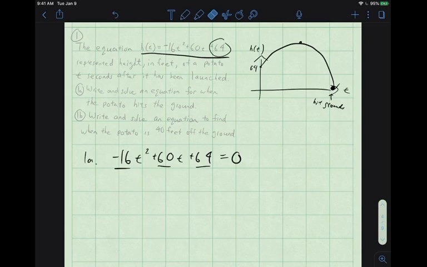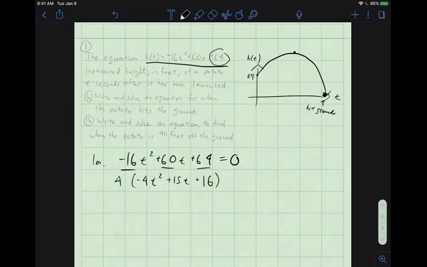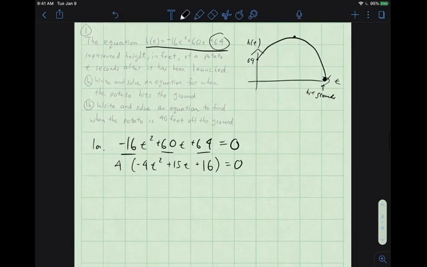Can't take out 8. No, 4. Yeah, we can take out 4. Negative 4t squared plus 15t, and then this one's plus 16. And I think that's the best we can do. When we divide out this whole thing by 4, we're left with just this equation: negative 4t squared plus 15t plus 16 equals 0.